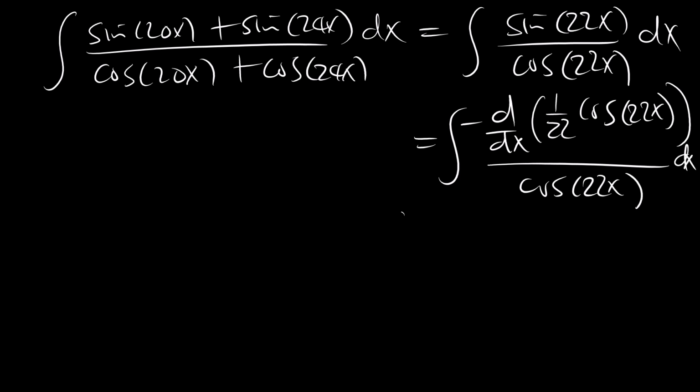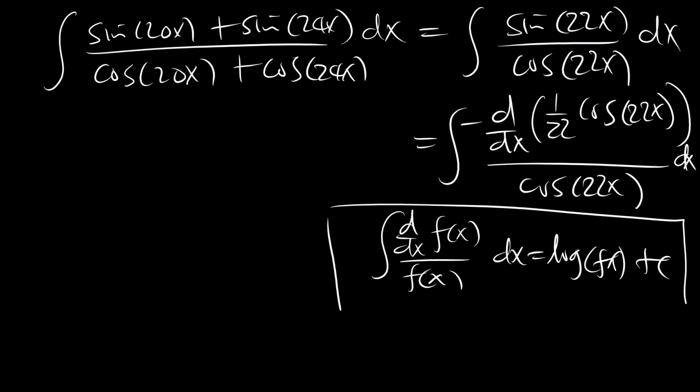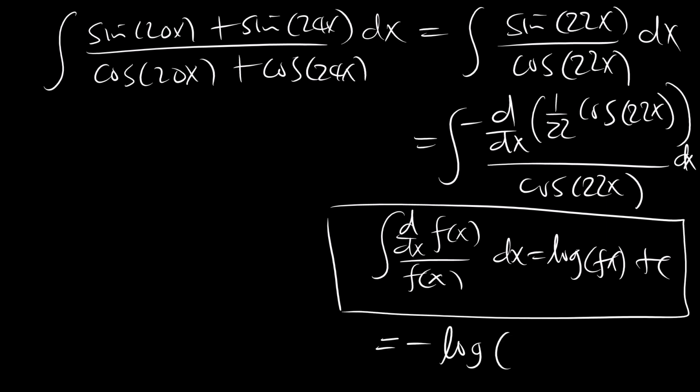And so we know previously that if we have the derivative of a function of x over the same function of x, this is the natural logarithm of f(x) plus c. So with that bag of tricks at hand, we have negative 1 over 22 natural logarithm of cosine of 22x plus c.